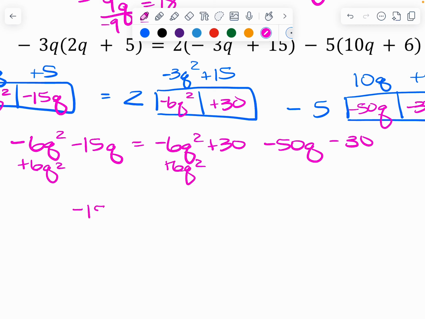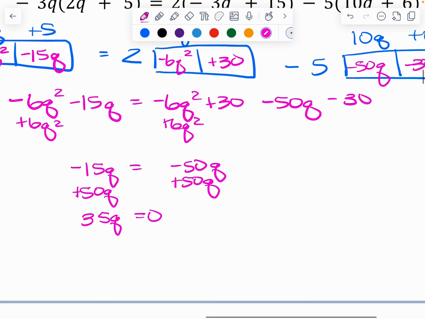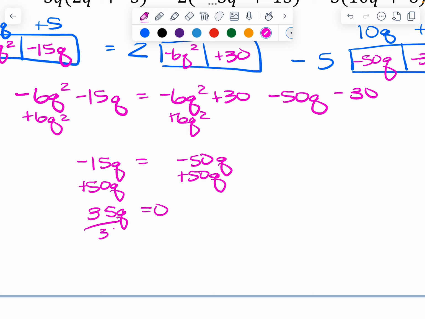I get negative 15q equals negative 50q. Oh, that goes to 0. So I need to get all of this on one side. And I get, what is that, 35q equals 0. Divide by 35. And 0 divided by anything except for 0 is 0.